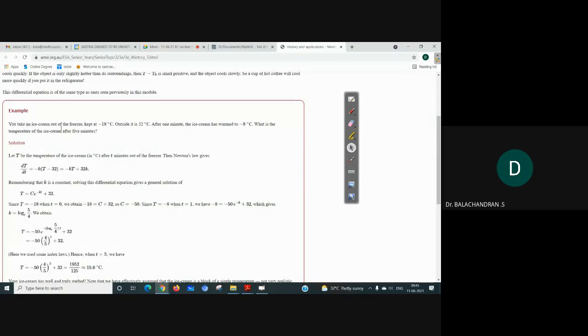You take an ice cream out of the freezer, kept at minus 18 degrees Celsius. Outside it is at 32 degrees Celsius. After 1 minute, the ice cream has warmed to minus 8 degrees Celsius. What is the temperature of the ice cream after 5 minutes? So this is the first column.